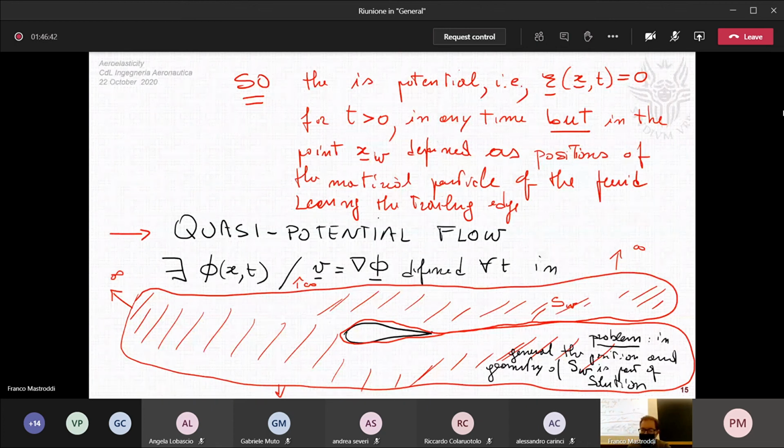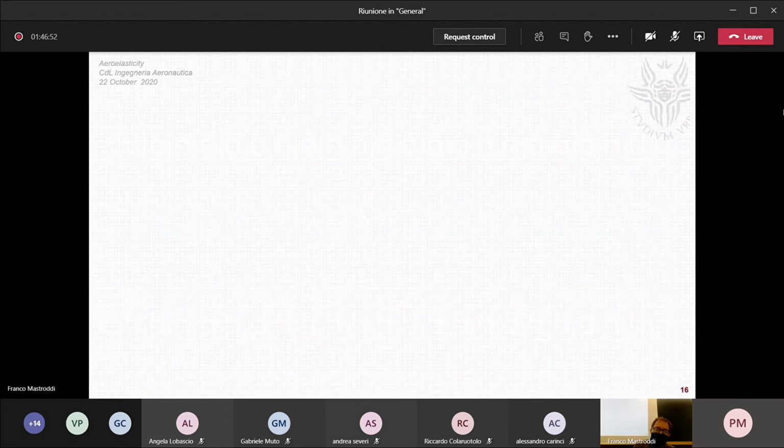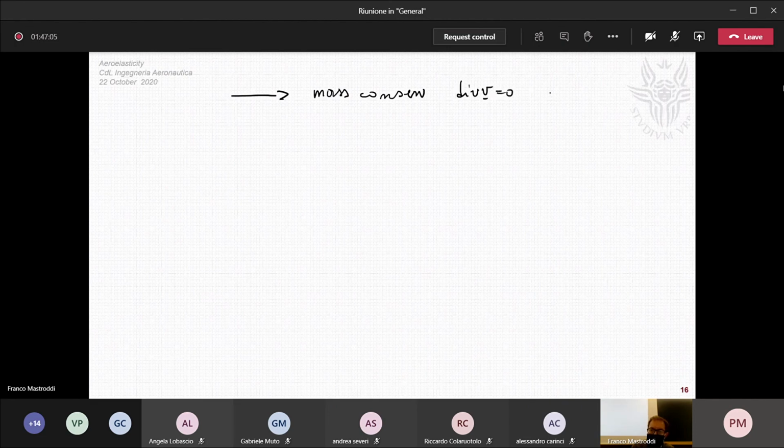And therefore, what about now? Just let me write the final equation. The final equation for potential flow is mass conservation, which means divergence of V equal to 0, which implies Laplacian of phi equal to 0.